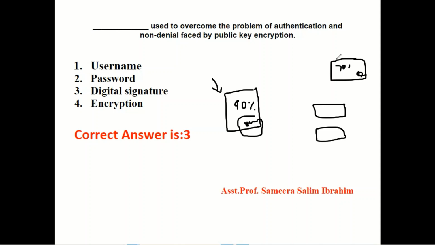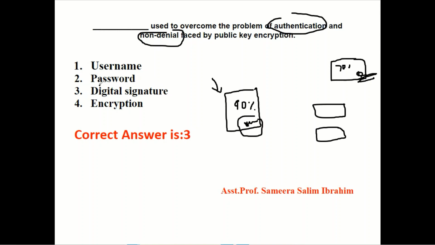Now, as everything in e-commerce is being done digitally, online, the problem of authentication and non-denial comes up. Authentication means whether the thing has been signed by the genuine person or not, like whether this is my signature or not. Non-denial means that as my signature is on it, I cannot deny that it was done by me, or that I have not given you the 70,000 check.